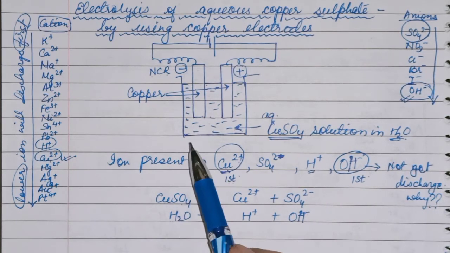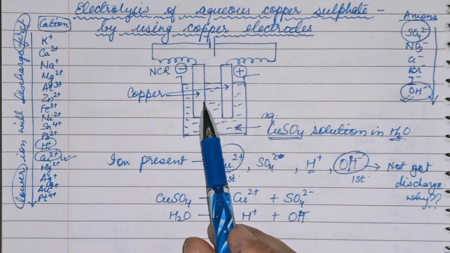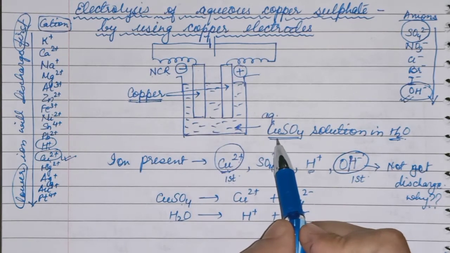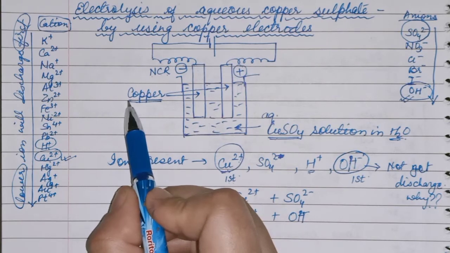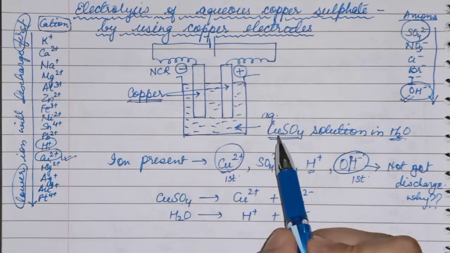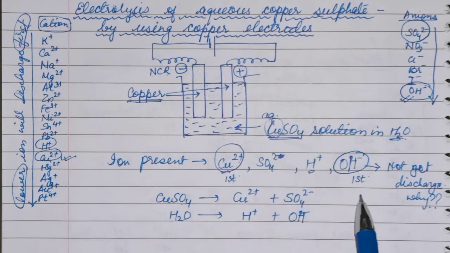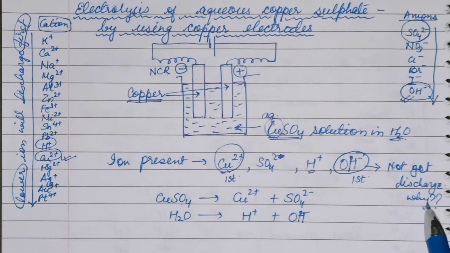See children, when the electrode is made of the same element that is present in the electrolyte, listen carefully, then this anion discharge will not take place. Now see why it will not take place.